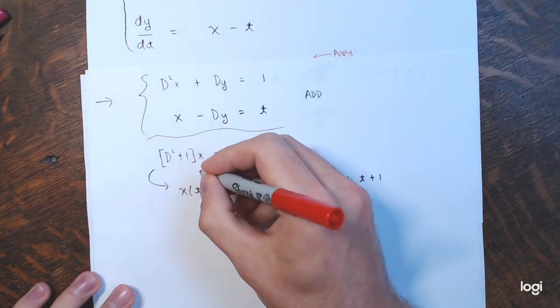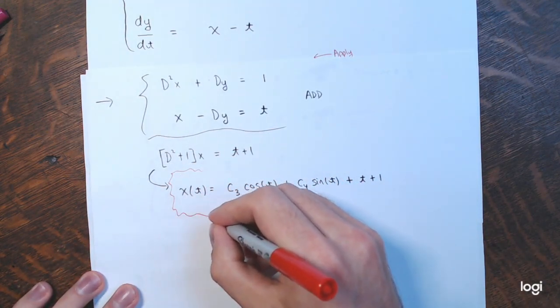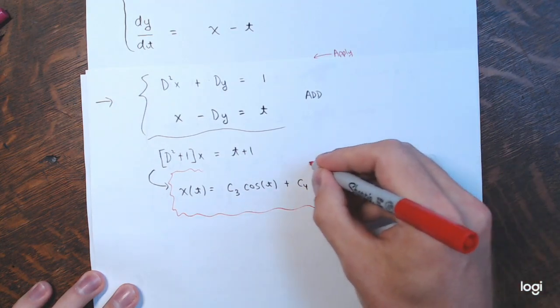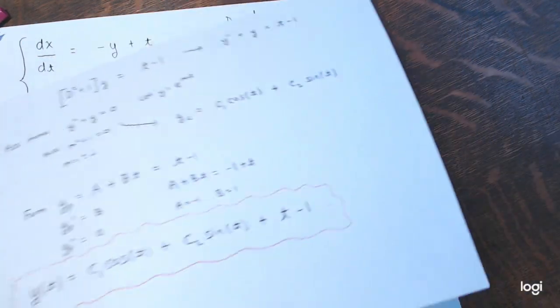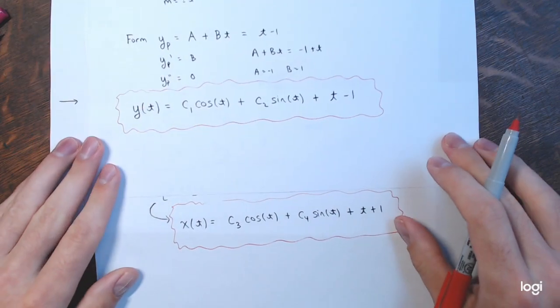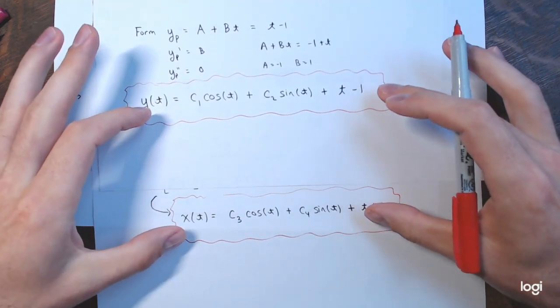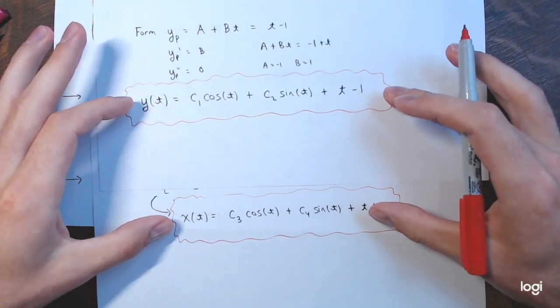So we have the way our solution looks. We know what x needs to look like, and we know what y needs to look like from this page. So we know what our solution to the system needs to look like.